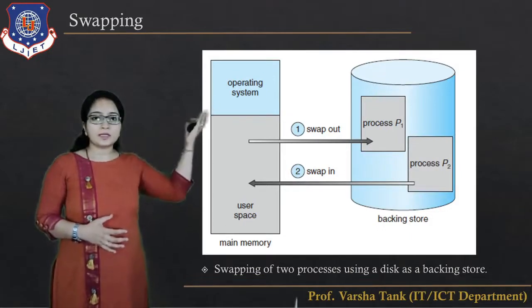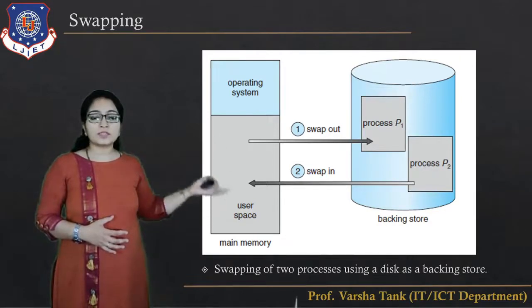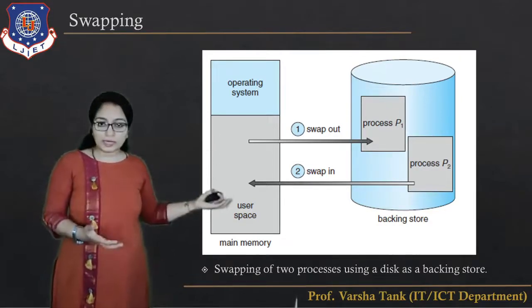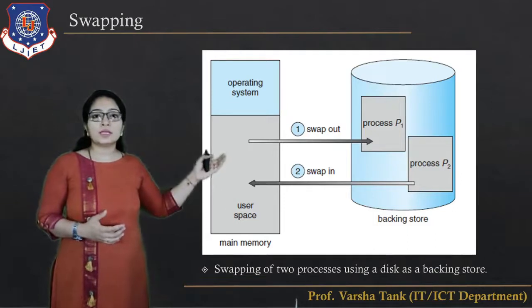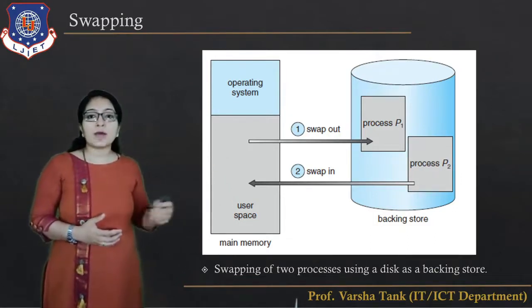Here you can see the operating system partition, and here the user space, where the program is going to be executed. You can see process 1 is swapped out and process 1 is swapped in.